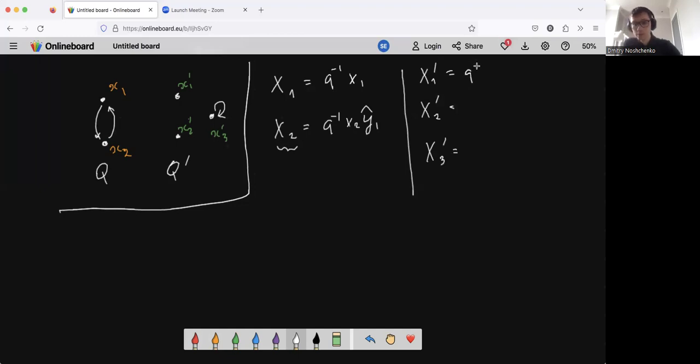So this is q inverse x1 prime, q inverse x2 prime, minus x3 prime y3 prime. So here again, we don't have any operators here, since we don't have any loops, so these nodes are completely disconnected. But here y3 appears since it is a loop here.